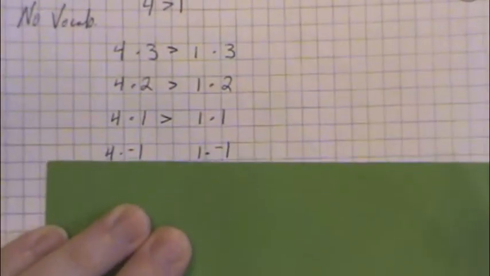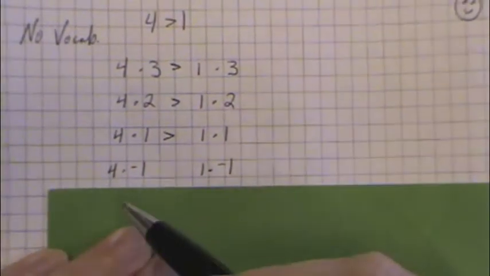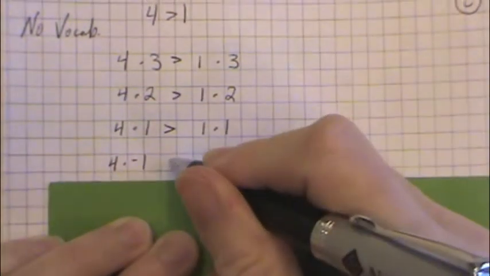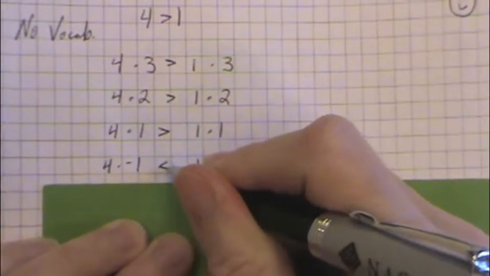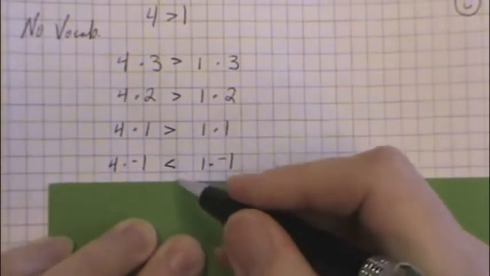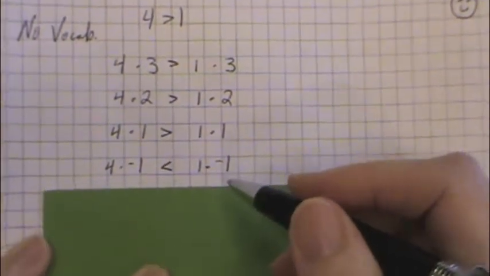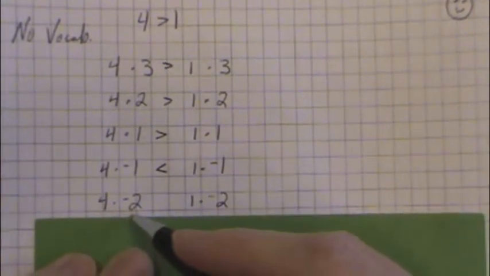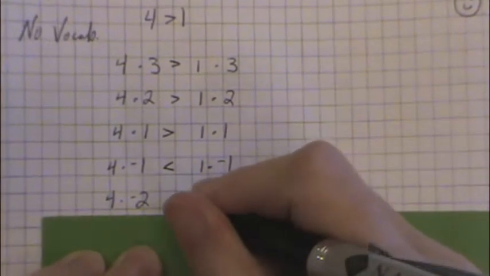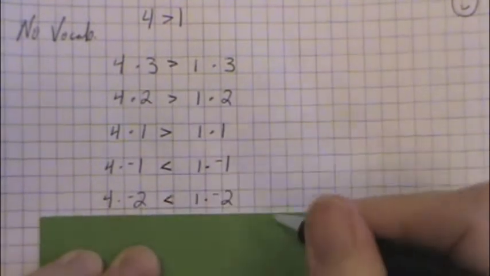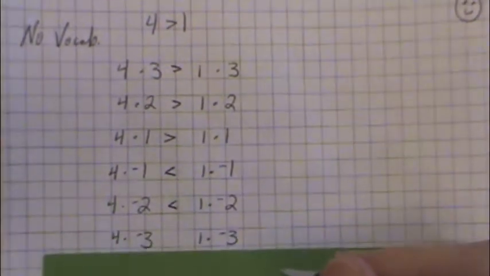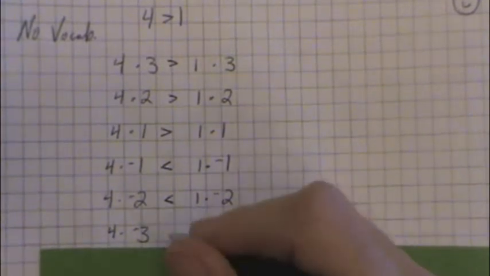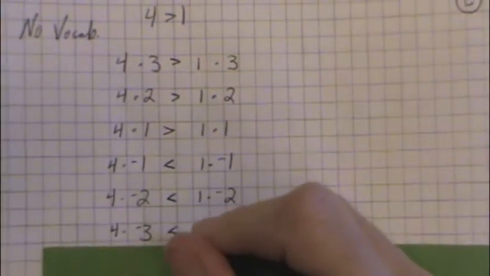Let's multiply by negative 1. We end up with negative 4 on this side and negative 1 on this side, which means the sign needs to go that way, because negative 4 is less than negative 1. What happens with negative 2? Negative 8 is less than negative 2, and negative 12 is less than negative 3.